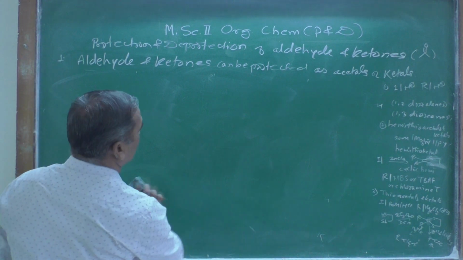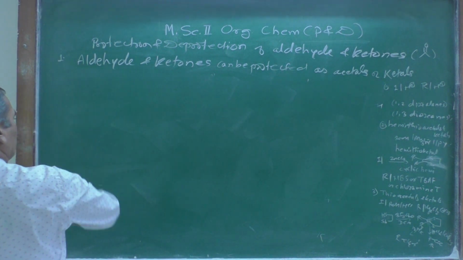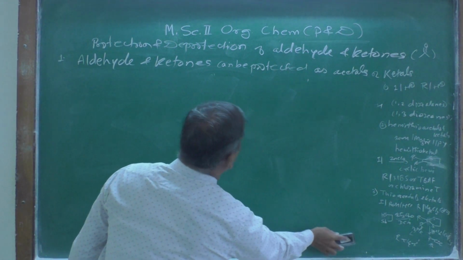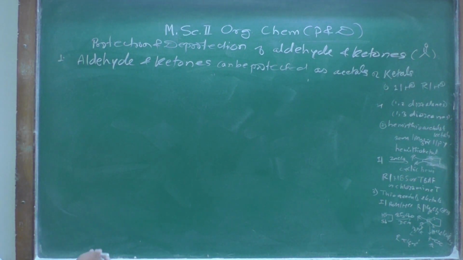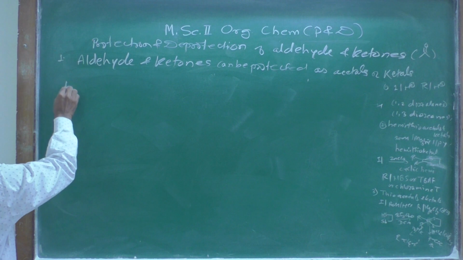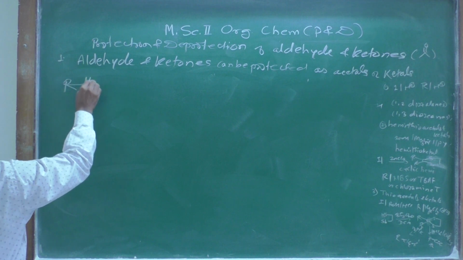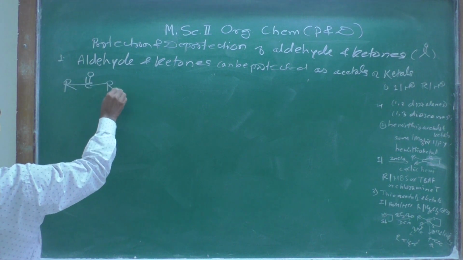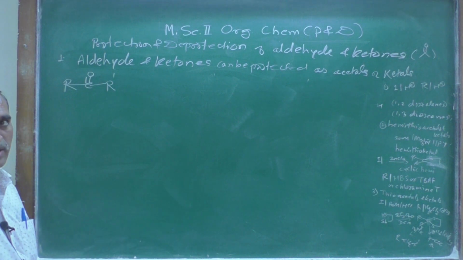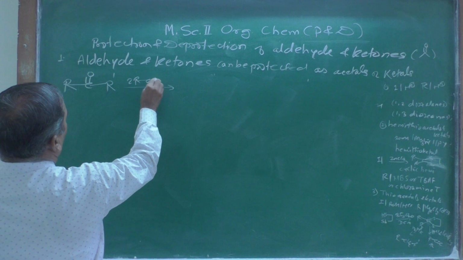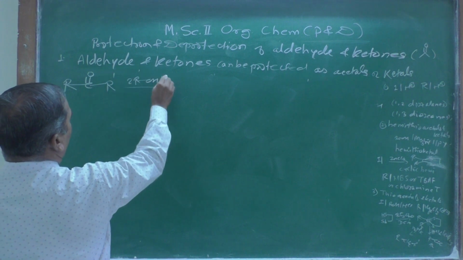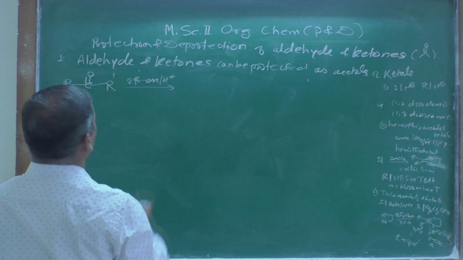Suppose we consider another one, a ketone. Let us see another one for ketone, R C double bond O R dash, right? Now it will be treated with 2 moles of alcohol OR double dash in presence of H plus. What do you get?